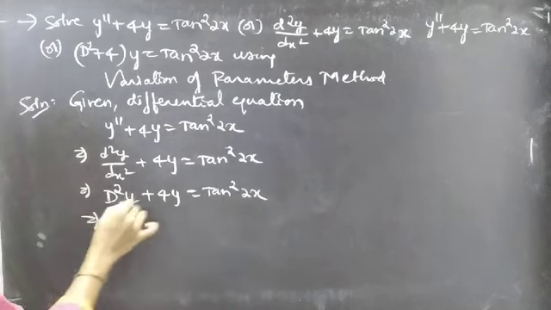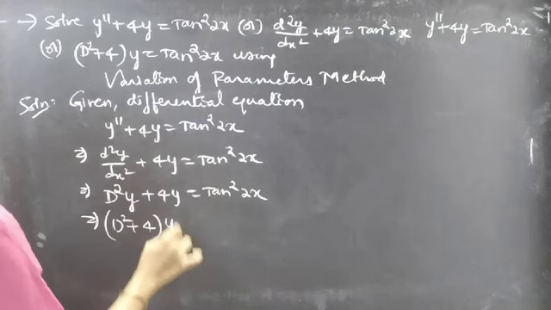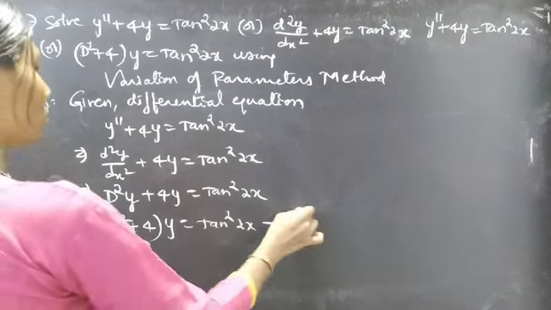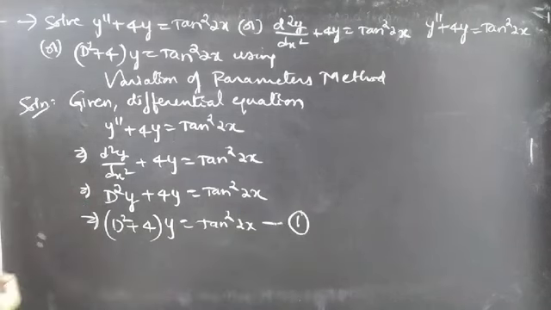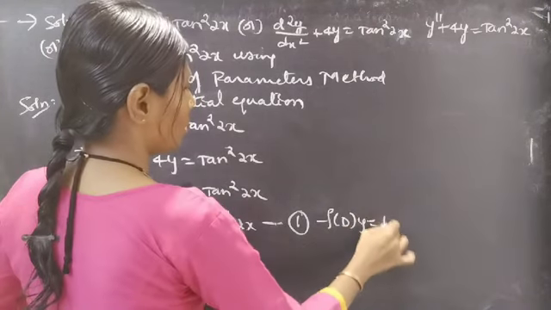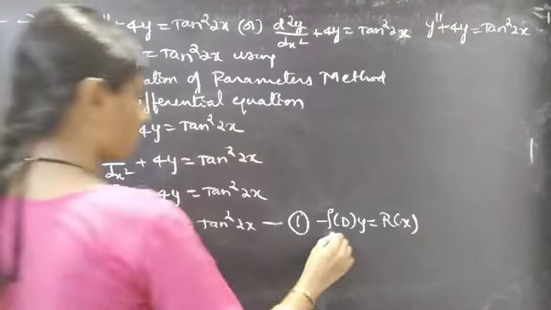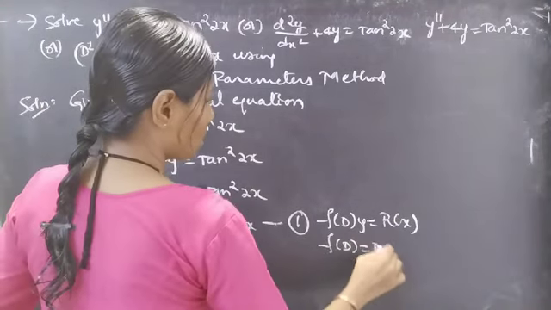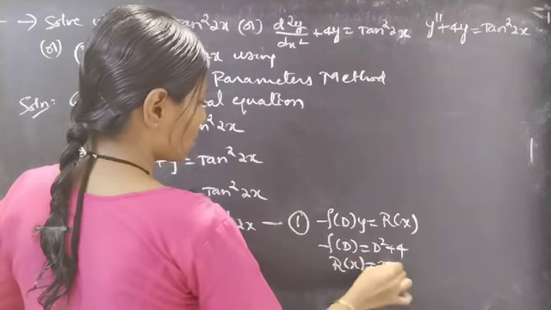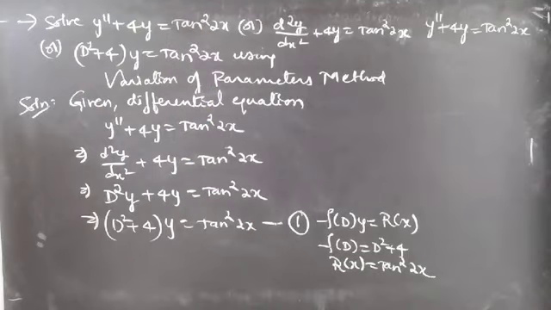Now take y common from the two terms of LHS, we'll get D square plus 4 into y equal to tan square 2x. Consider the equation in operator form as equation 1, which is f of D into y equal to some function of x, say r of x, where f of D is D square plus 4 and r of x is tan square 2x, right?